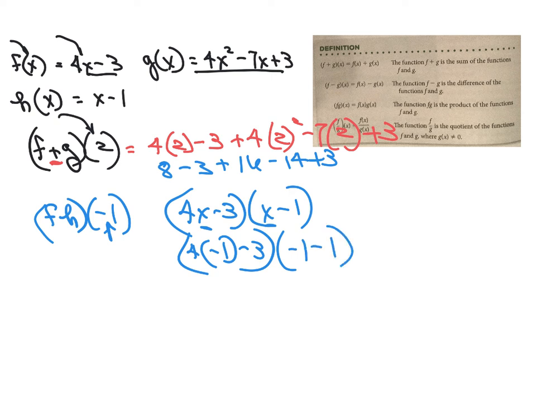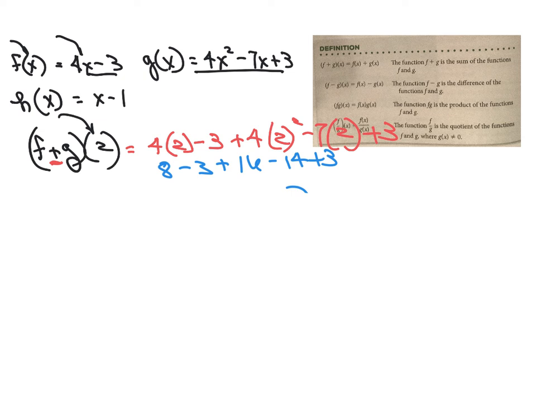So 4 times negative 1 minus 3 is negative 7. Negative 1 minus 1 is negative 2, which gives me a positive 14. So that's what you do for each one of those. F of g, let's look at that one just for a minute, because f of g of 0 gives me a 0.